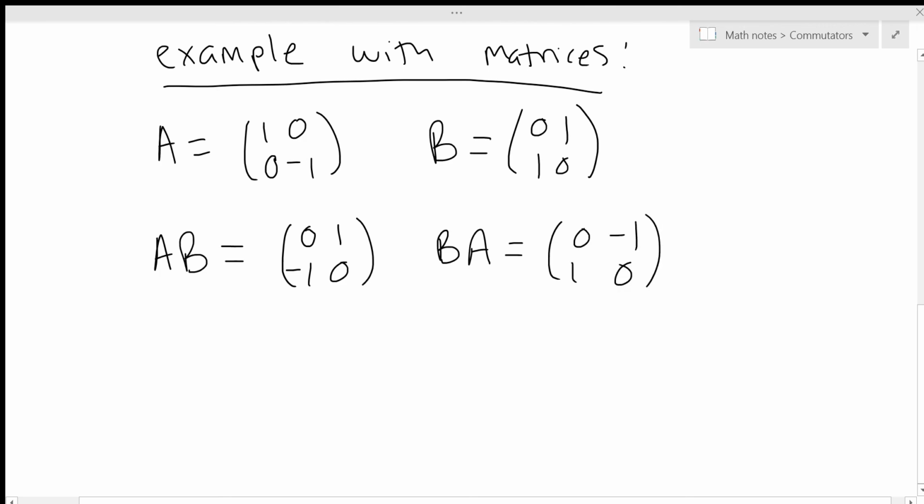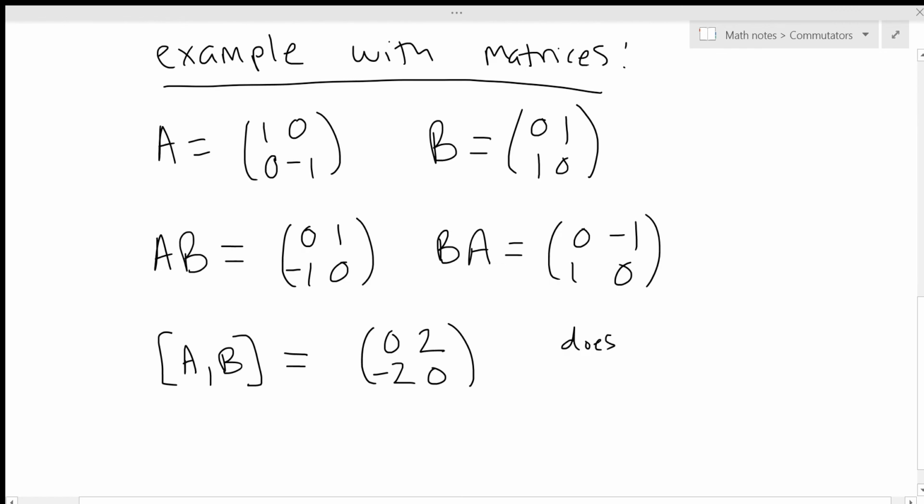So if we now calculate their commutator, which remember is just the difference A times B minus B times A, we'll find that it's not 0, but it's this matrix [[0, 2], [-2, 0]]. And so it does not vanish. So there you have a simple example of two objects, A and B, that have a non-zero commutator. And that's the end of this lesson.